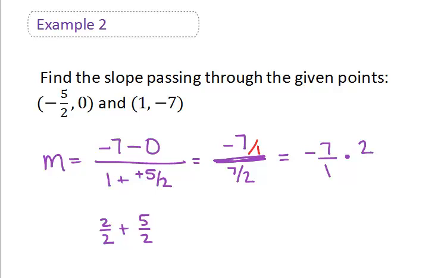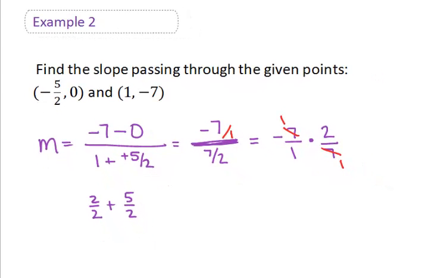So let me take the reciprocal of the second fraction. We flip the second and we multiply. Now before I do any multiplication, let me cancel some things out. I have 7 divided by 7, which cancels out. So my slope actually gives me -2 over 1, or that just simplifies as -2. So this is my most simplified answer for my slope.